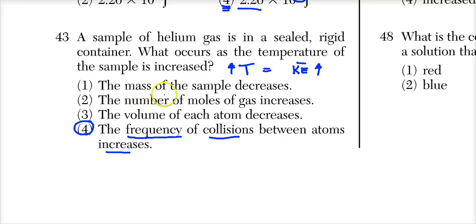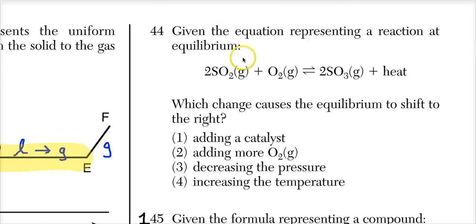The mass of the sample will not change if you just increase the temperature. The number of moles of the gas will not increase. The helium's not reacting with anything, so there's no new molecules being made. The volume of each atom is not going to decrease. That's not going to change. The only thing that makes any sense is that making them move faster, they're going to collide more often. 43 is 4.